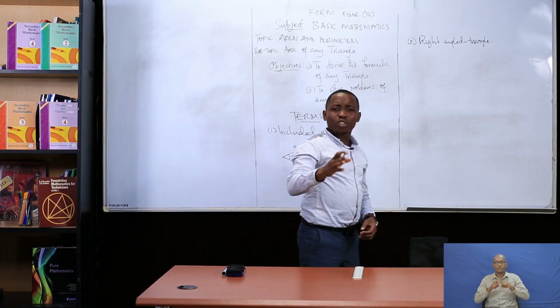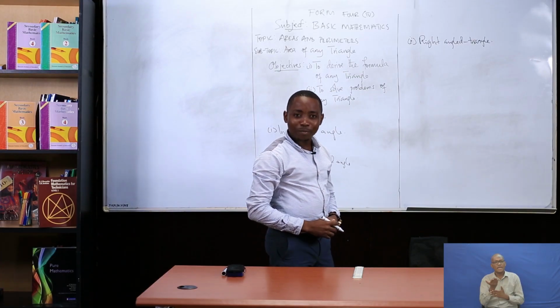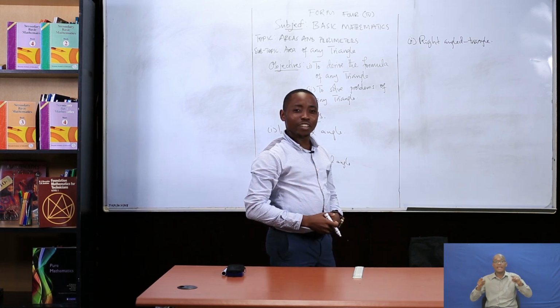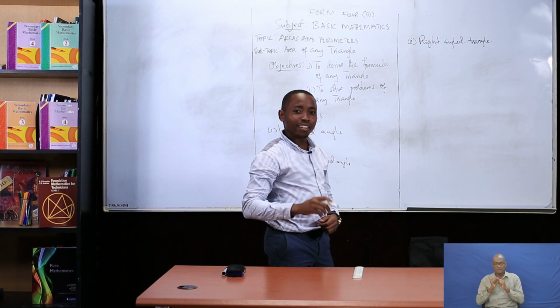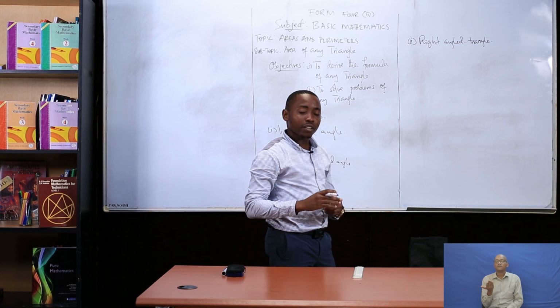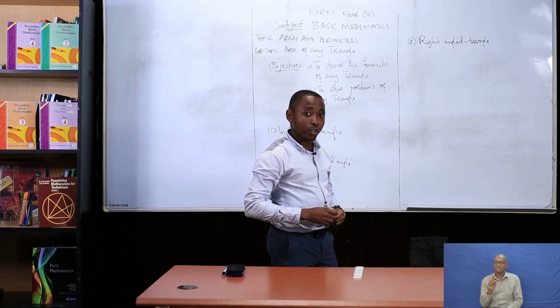In any right-angled triangle, I think you remember that we have three sides, but the main side that you need to focus on is the side which is faced by the angle which is 90 degrees.